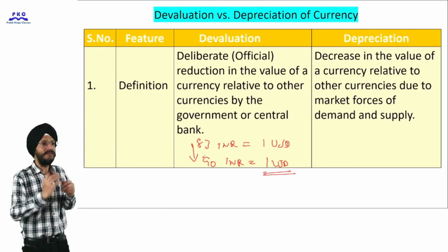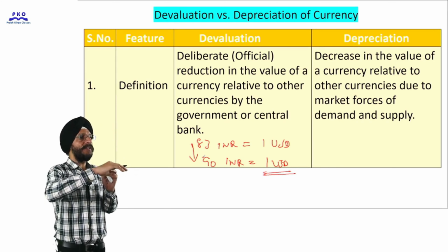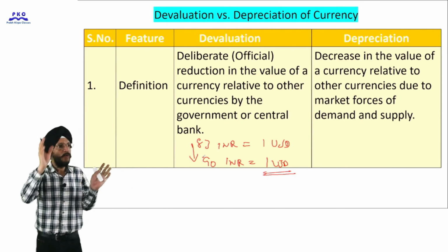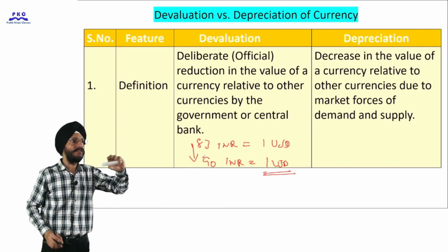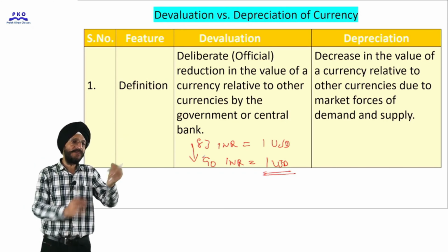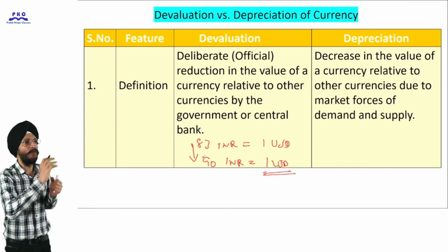Here, external forces such as demand and supply, etc., are not the reason for the reduction in the value of the currency. The value of a domestic currency has decreased only by government order. This is devaluation. Official order is there to reduce the value of a currency.